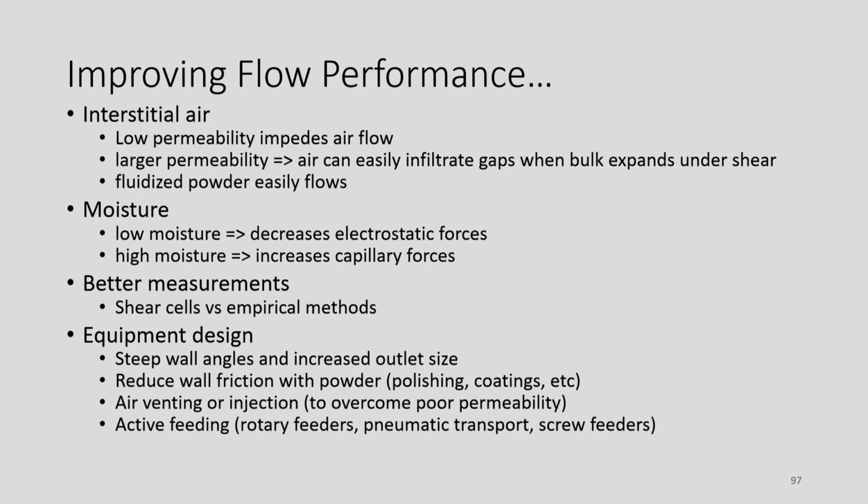If the powder does not fit in the mass flow category, then usually we come up with different ways of improving the flow: coating the wall with frictionless coatings, air venting, active feeding, etc. Active feeding is in general at the bottom of the bin. They will have an auger type of system, a conveyor auger that pulls the material from the bin.